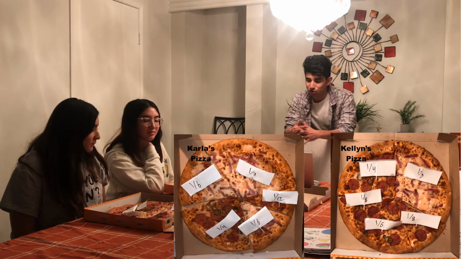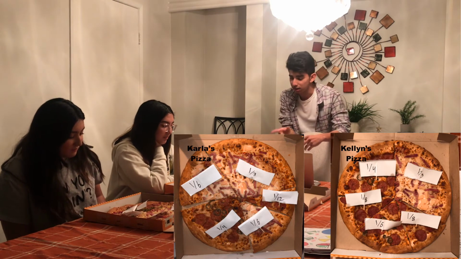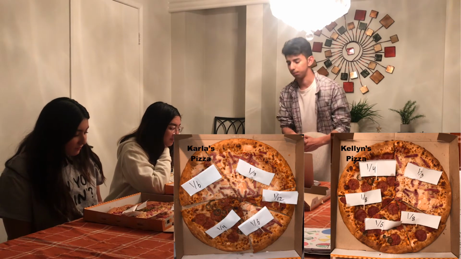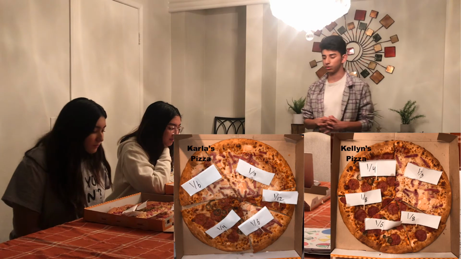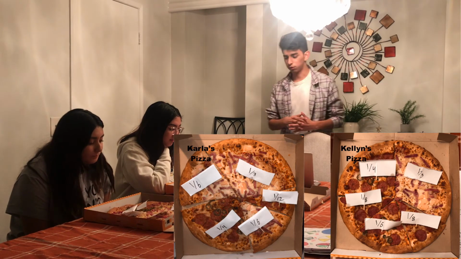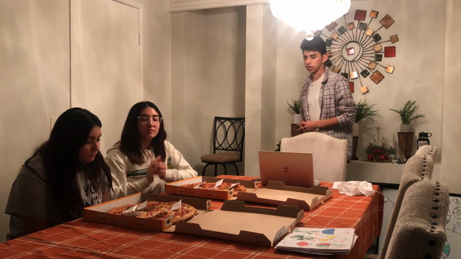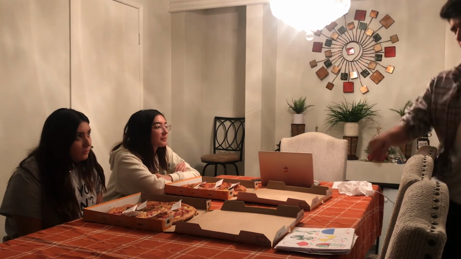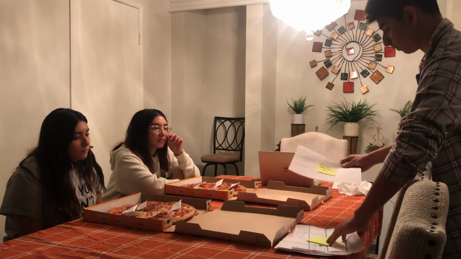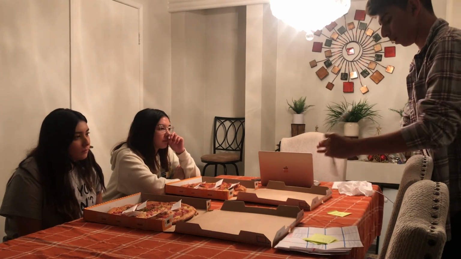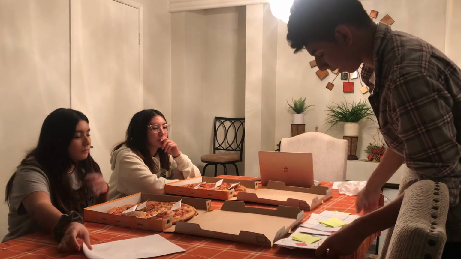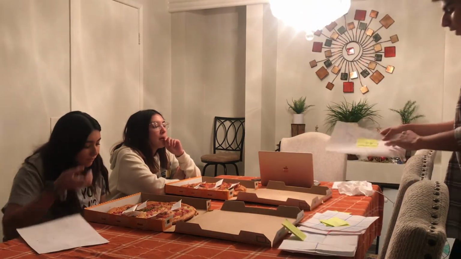So what I want you guys to do is look at your slices, which I labeled with the fraction of the pizza that they make. You'll see that one part is labeled 1/4, the other part 1/8, and on yours, Karla, one part is 1/12. You can use the back of worksheet number 1 if you want to write anything, but you don't have to.